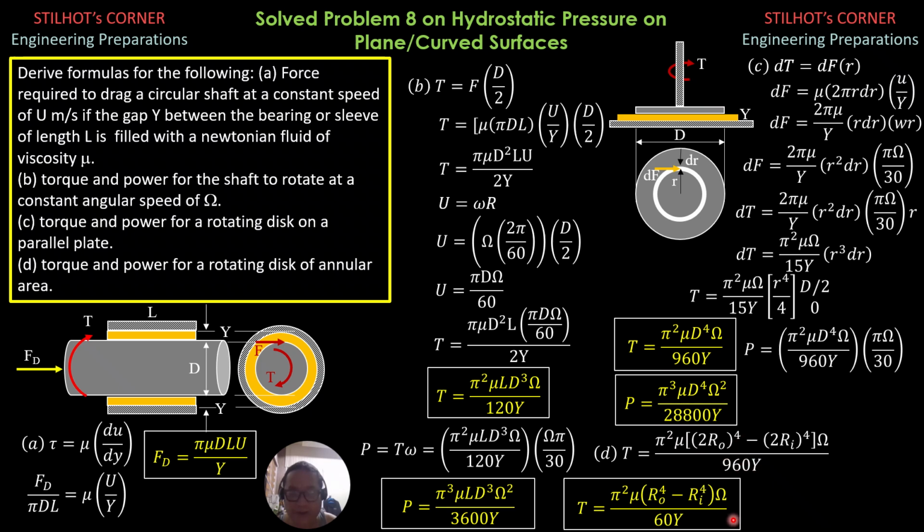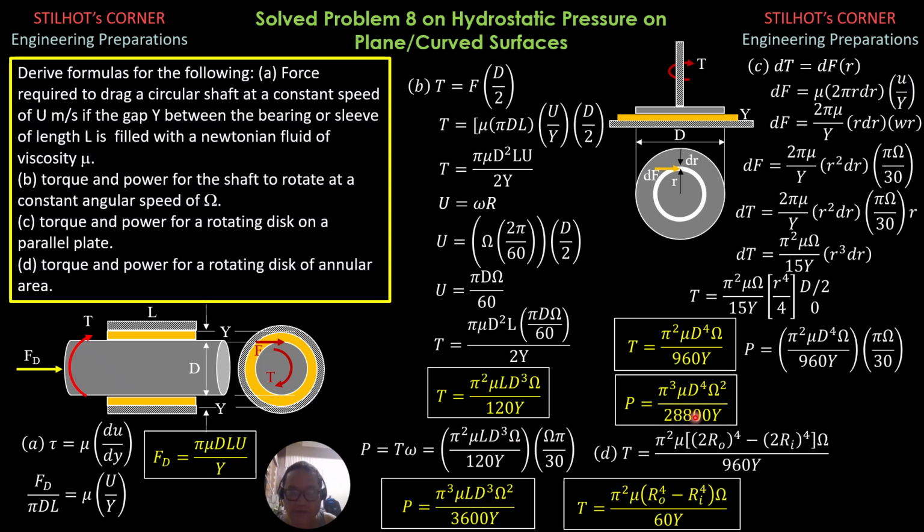Then finally, power, we substitute here, replace it by this one, 16 over 28,800. So it goes back to 1,800, I think.